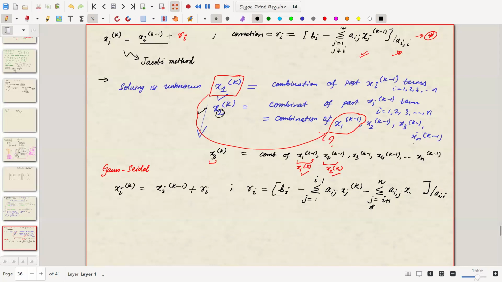So i plus 1 to n, of aij xj at k minus 1. Can you see what is happening here? So what is happening here? I wrote this summation which you saw before, and I have broken it down into two different summations. One is the fresh values, the other is the past values.